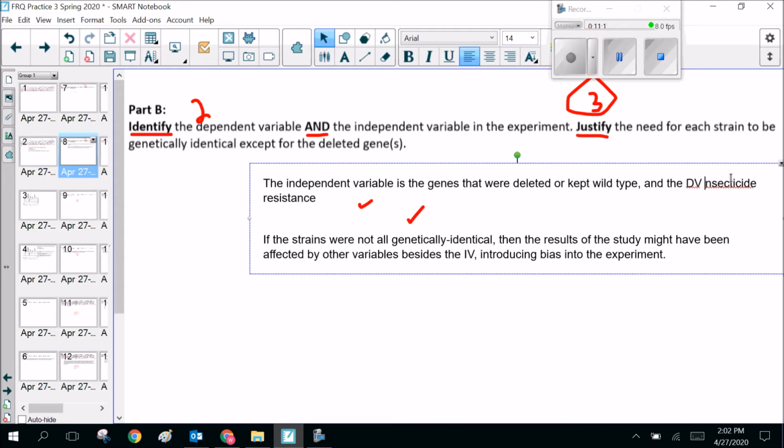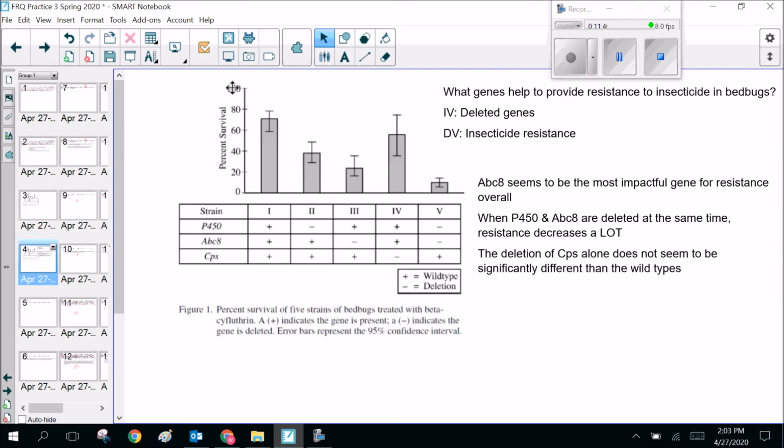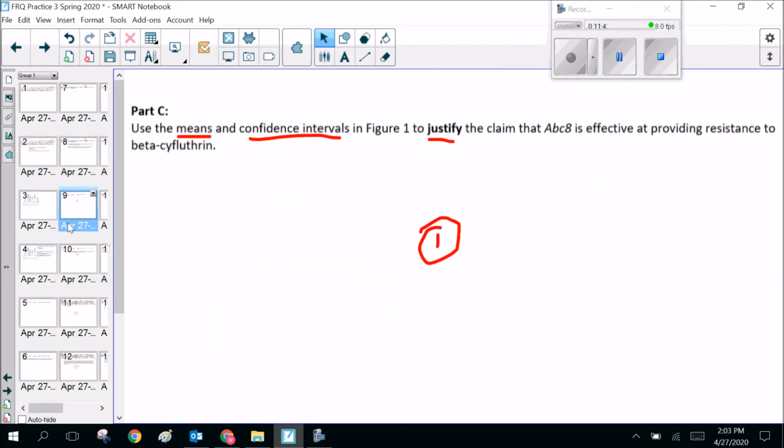The DV is the percent of bed bugs that survive the insecticide. Now you could have said insecticide resistance, and I think that would have counted just as well because, if you're surviving, you're resistant to the insecticide. But I'm just using the official title that is here for the y-axis.